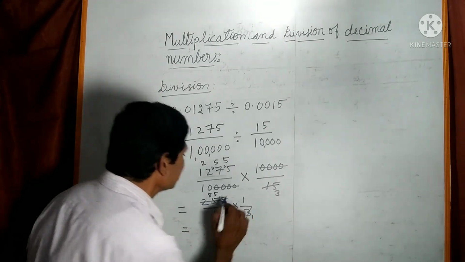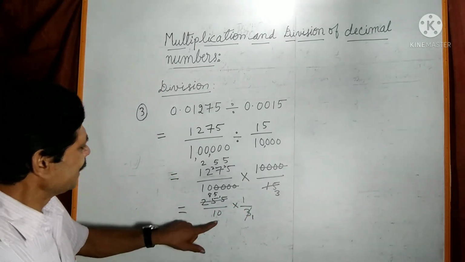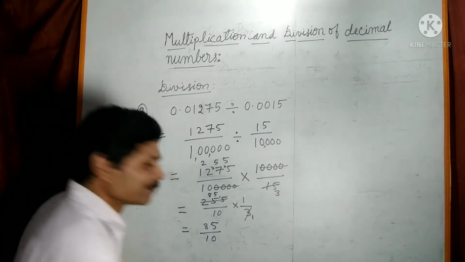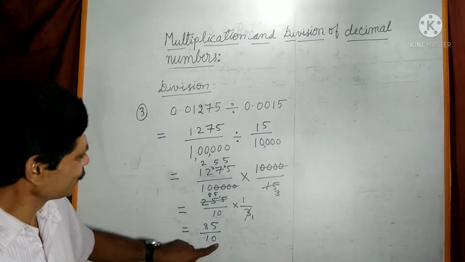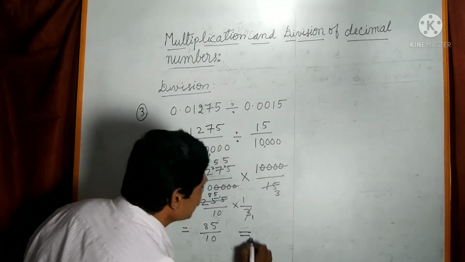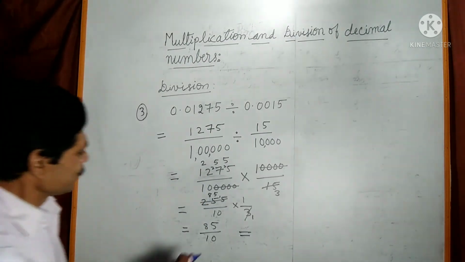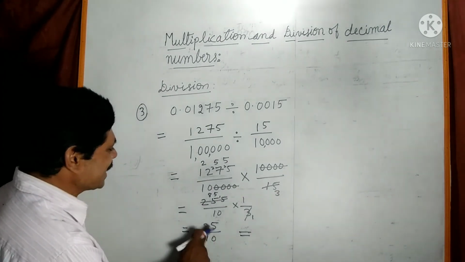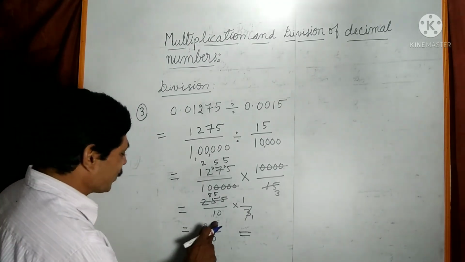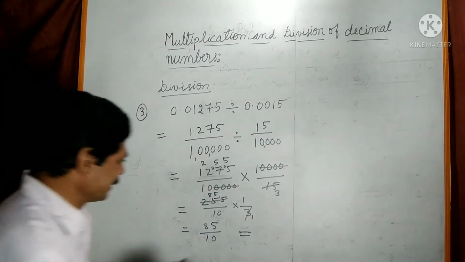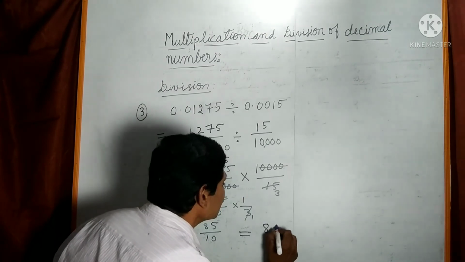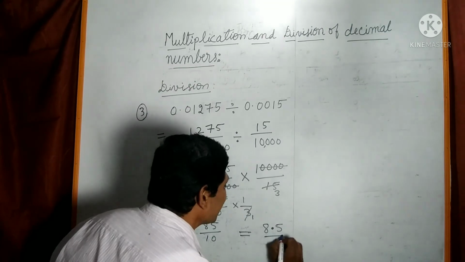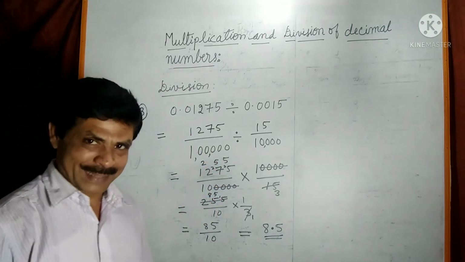So that 85 by 10. This is equal to, now here in the denominator there is 1 zero. So after one digit you have to put the decimal point. Here this is 8.5. This is your answer.